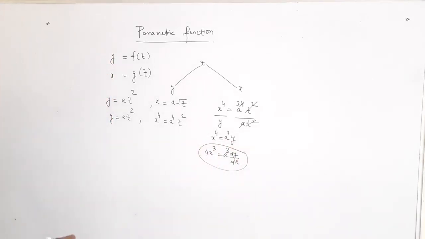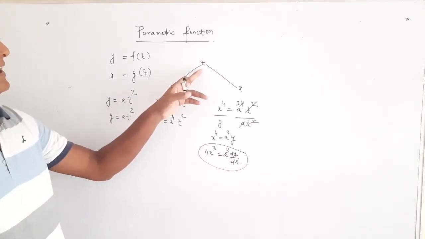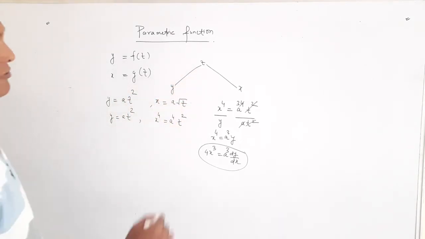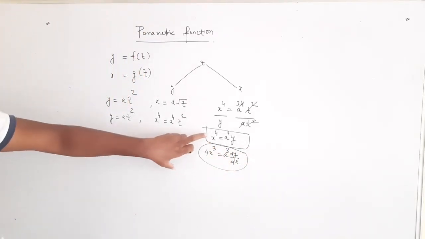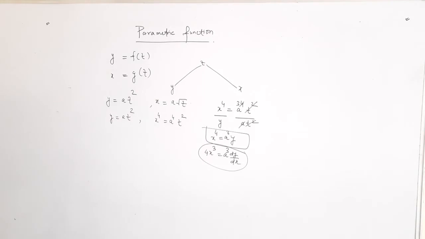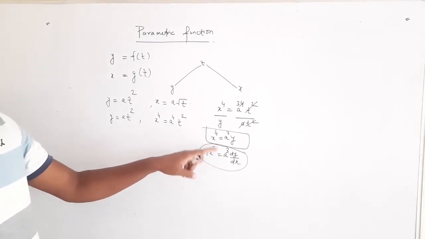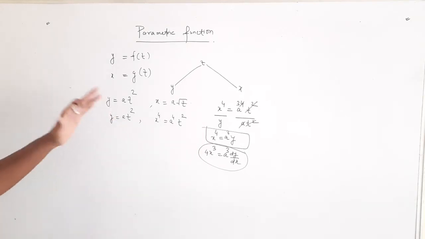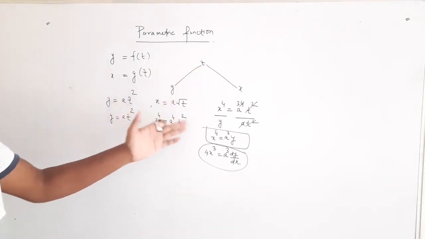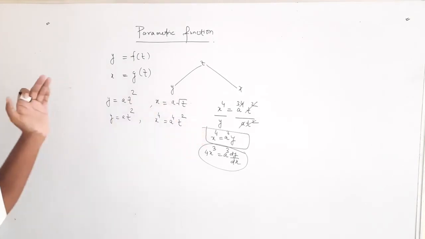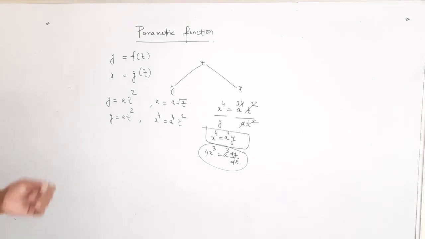You can find dy by dx this way, but this is called eliminating the variable t and getting the expression converted into the implicit form, the implicit relation between x and y. And then after getting this form, we are differentiating directly. But every time it is not possible to eliminate the t, so you cannot have this implicit equation every time. When it is the case, then how will you solve the question?